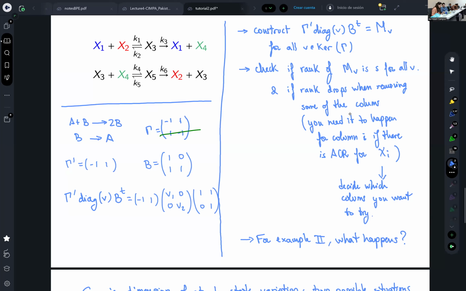And then I need to decide what goes in B, but B should be in the kernel of gamma. So how can I write any vector in the kernel?